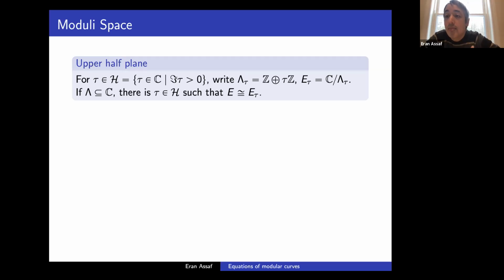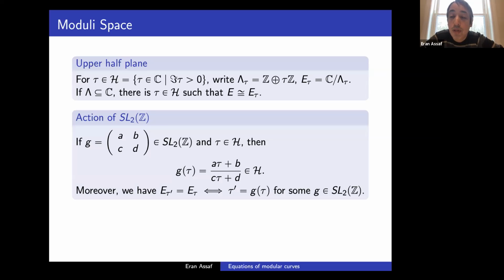Moreover, if we have some lattice in the complex numbers, there's always some such number tau in the upper half plane such that our elliptic curve is isomorphic to the elliptic curve made from that point tau. Moreover, we have an action of the group SL2Z, the group of 2x2 matrices with integer entries, by Möbius transformations. And this action is compatible with the construction of these lattices, so these give the same lattice.